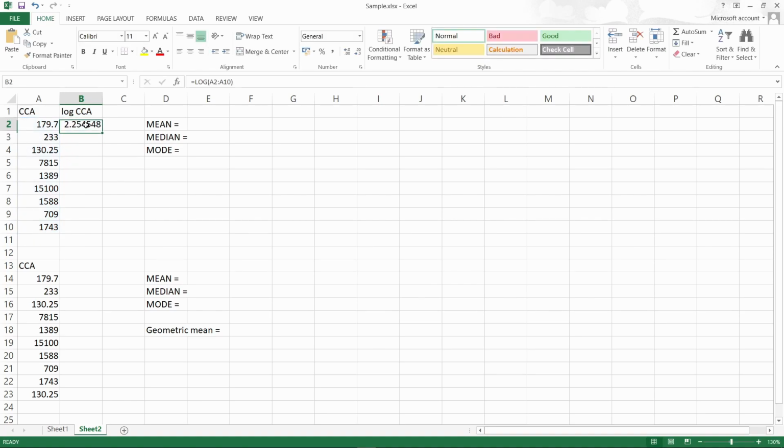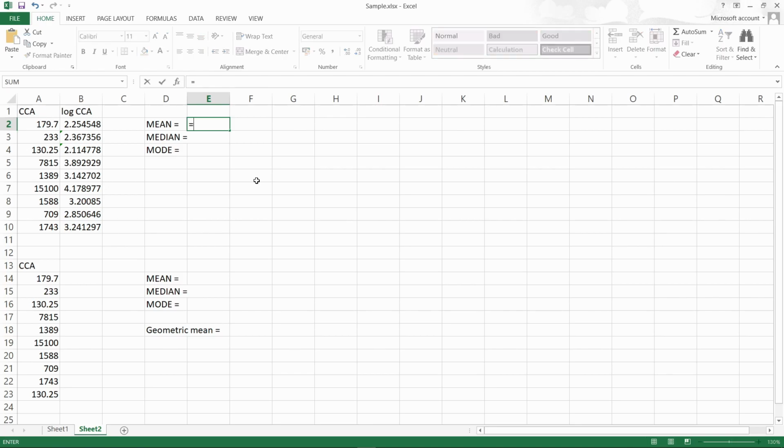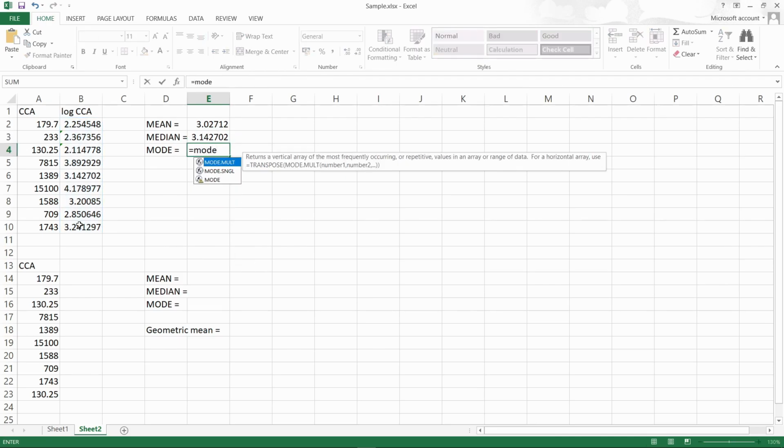After transformation, we can calculate the mean in Excel by using the term average and then selecting the range here. For median it's the same. And for mode, you use this.